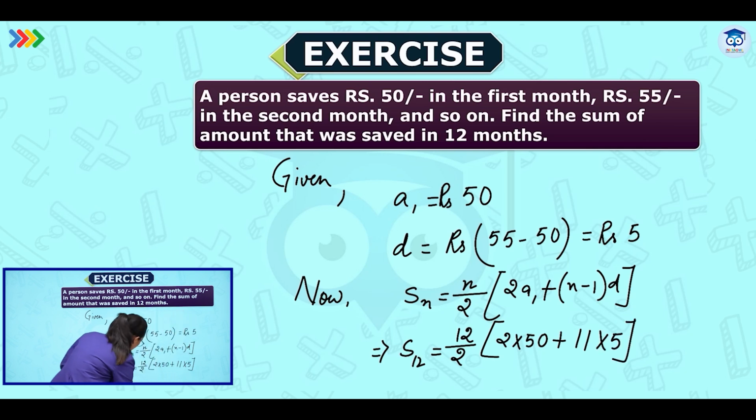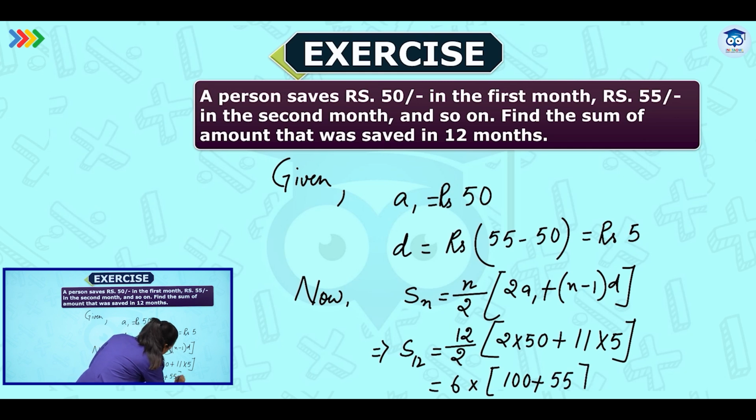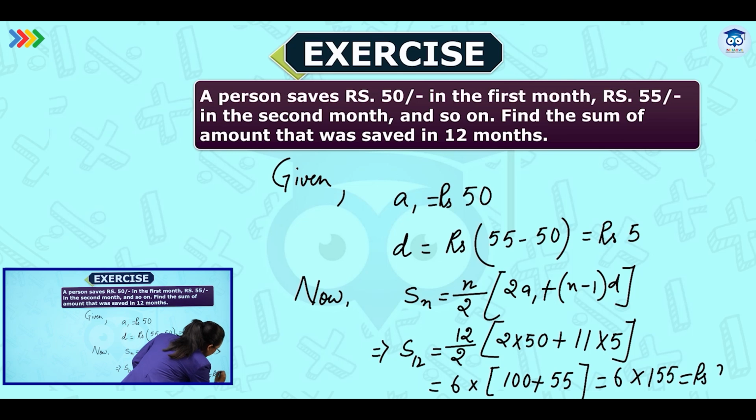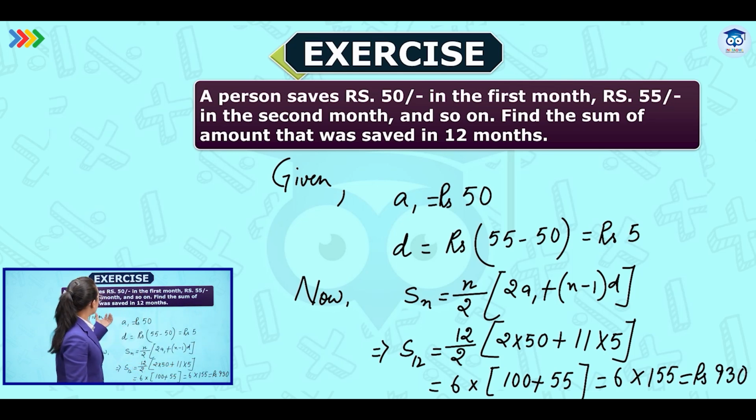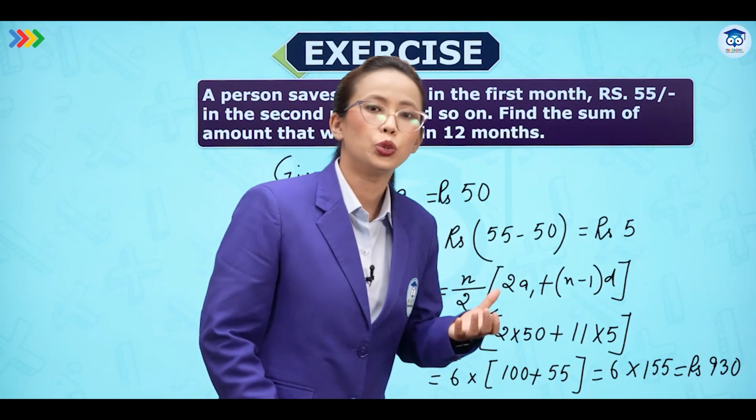So now this is 6 into, if we solve this, we have 100 plus 55. Now we have 6 into, after adding this, 155. So after calculating, we have rupees 930. So this is how we calculate the sum of the amount that is saved in 12 months.